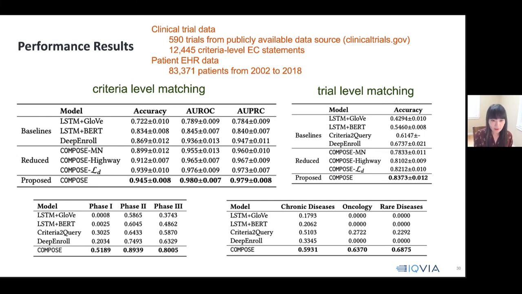For criterion level matching and trial level matching, our composed model shows significantly better performance than the previous state-of-the-art, which is also proposed by us, the deep enroll model. We also analyze its performance on different trial phases and across different diseases, and you can also find more analysis in our paper.